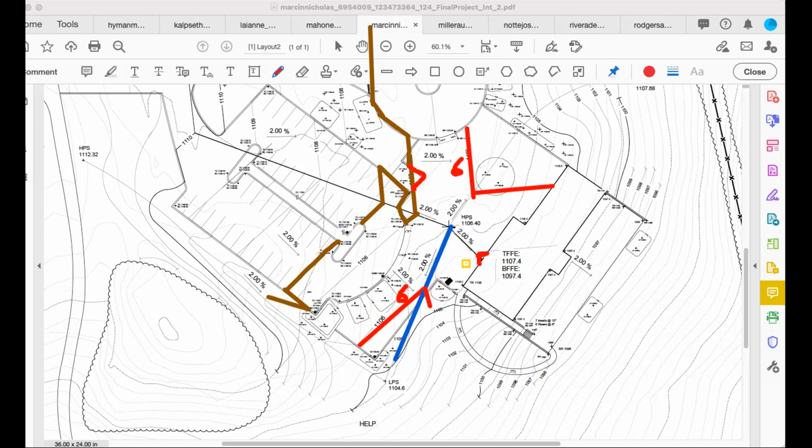Okay, so that's that. Trying to take a look. The other contours look okay. That's 6, your 5. Your 5 would need to change to lower.